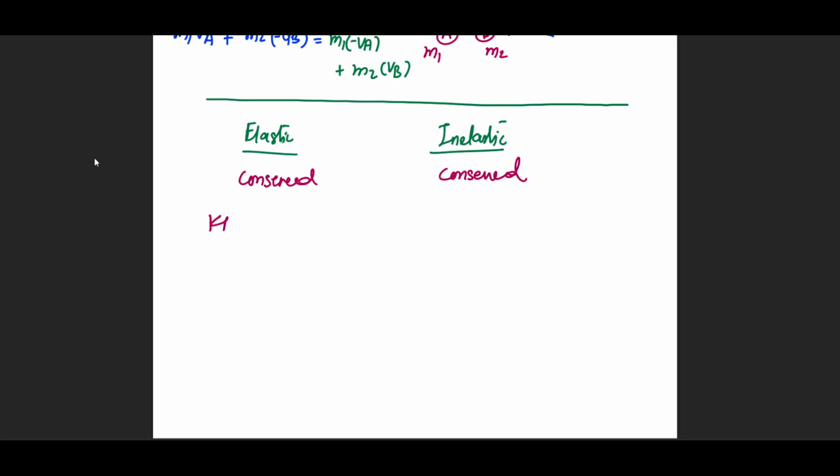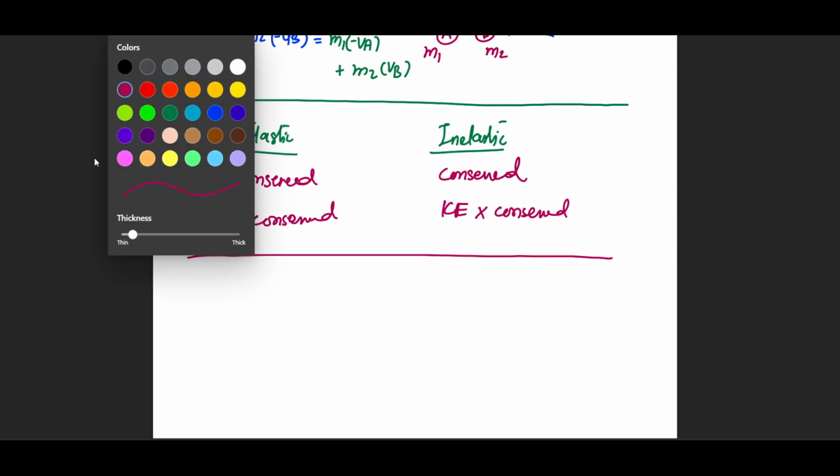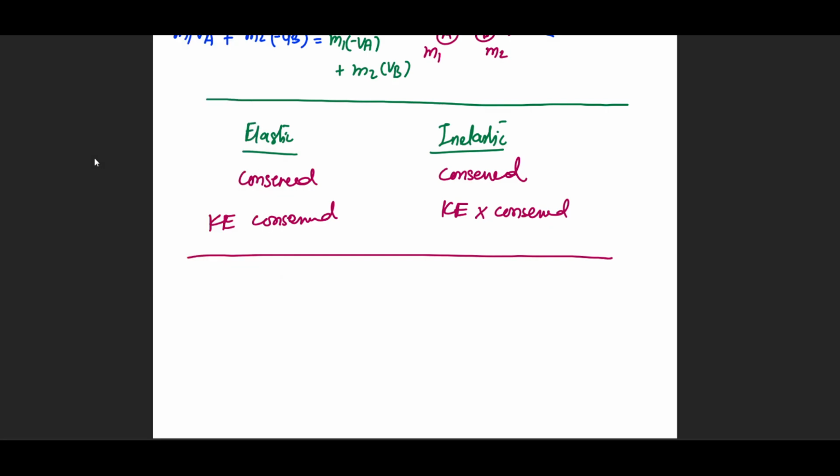In this case, the kinetic energy is conserved, but over here, the kinetic energy is not conserved, right? And we will solve a few questions to apply this rule in detail, and see how we can tell whether a collision is elastic or inelastic.